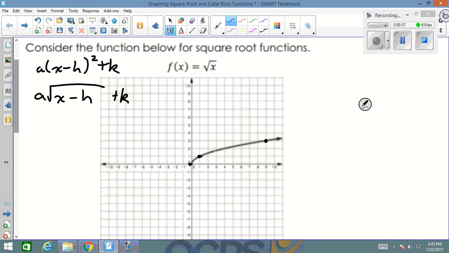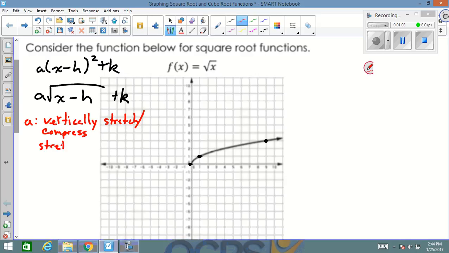A will either vertically stretch or compress our function. For it to stretch, A is bigger than 1. For it to compress, A is smaller than 1.